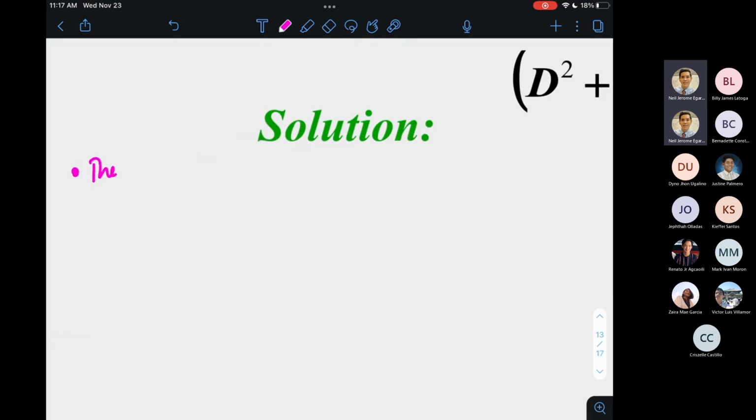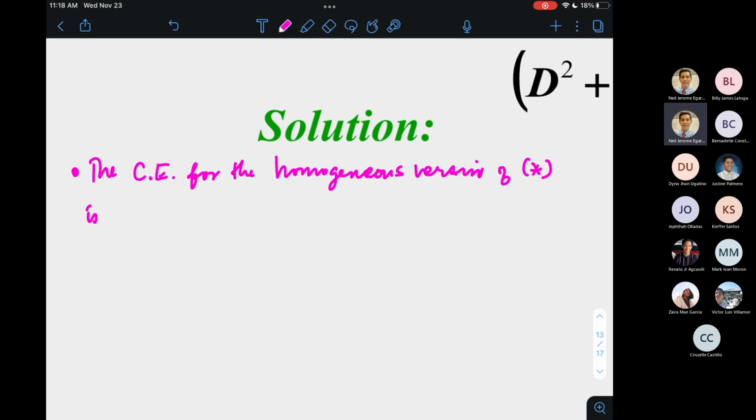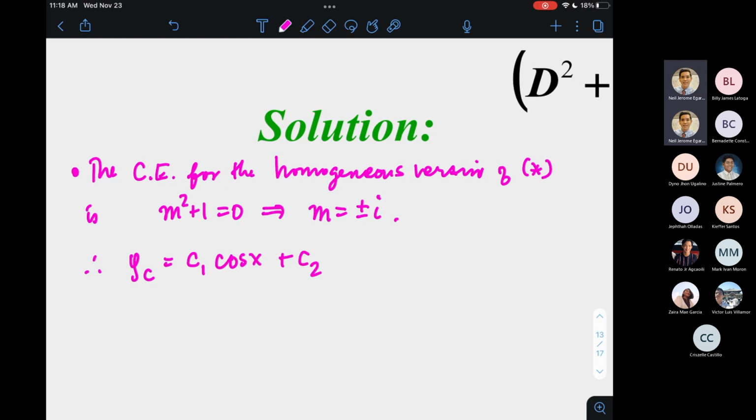So, the characteristic equation for the homogeneous version of equation star is m squared plus 1 equals 0 with solution m equals plus or minus i. So therefore, ang y sub c natin ay c1 times cosine x plus c2 sine x.